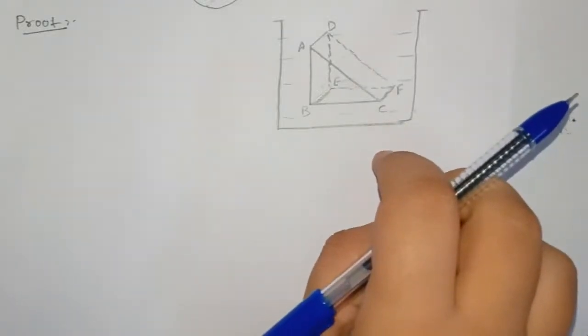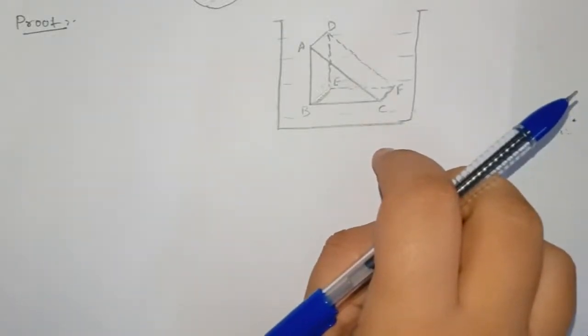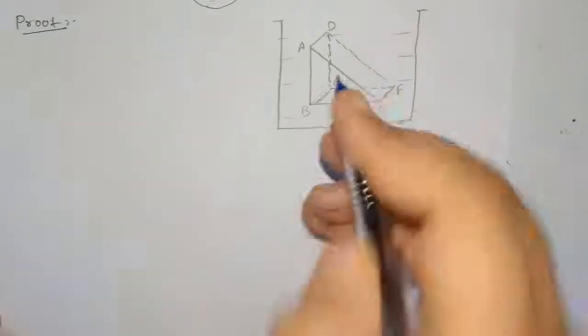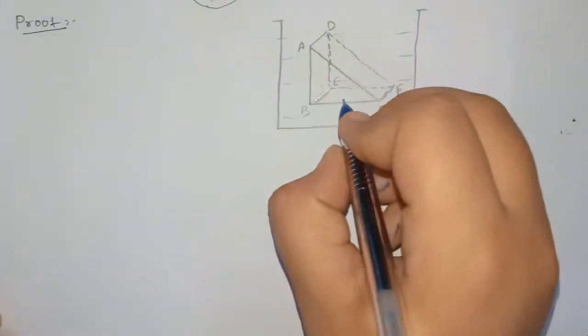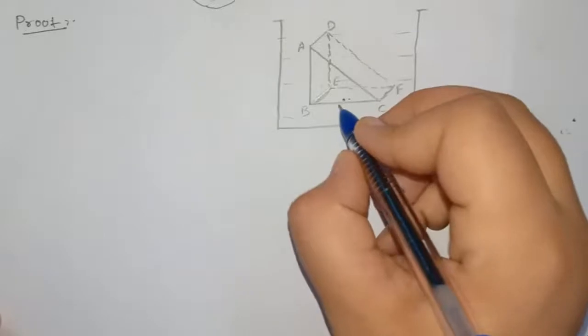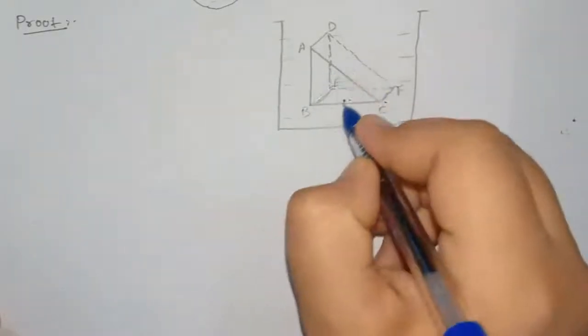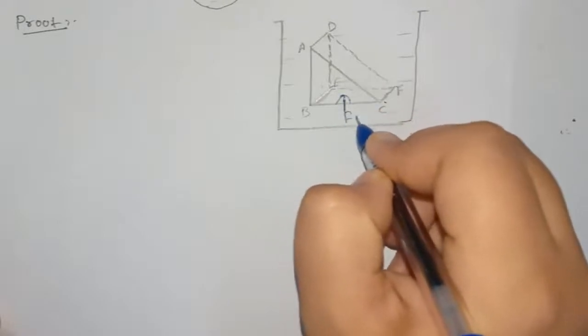The forces exerted by the rest of the fluid on different surfaces of the fluid element are: on the surface EBCF, force F1 is acting.